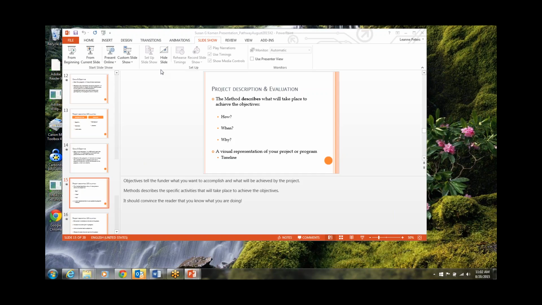Stacy, did you have something? I was just thinking, would you look at the barriers in this section then? Or would you do that more in the narrative? I think it depends. I didn't get into that in these pieces I'm talking about because it depends on the grant application. Sometimes you have barriers lumped in with what is your need and what are the barriers to achieving that. That's one question.